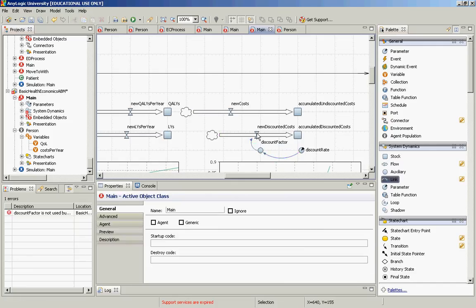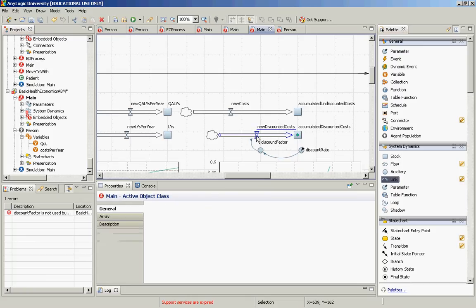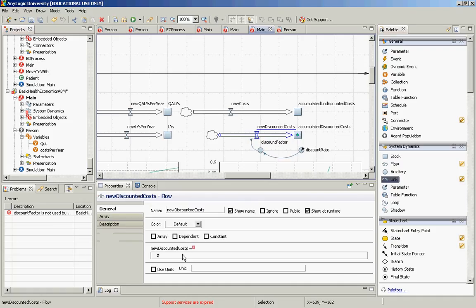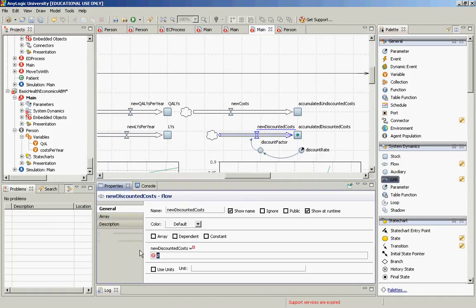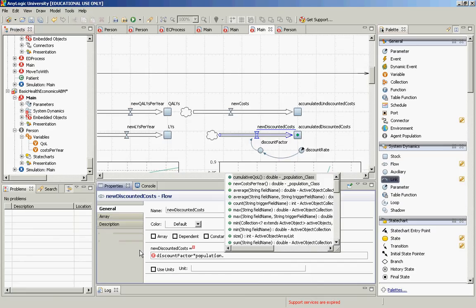And these new discounted costs depend not only on this discount factor, but also on these new costs per year exerted by the population.